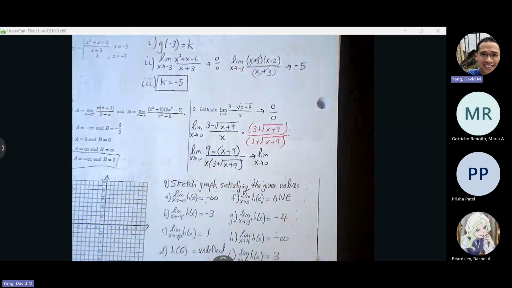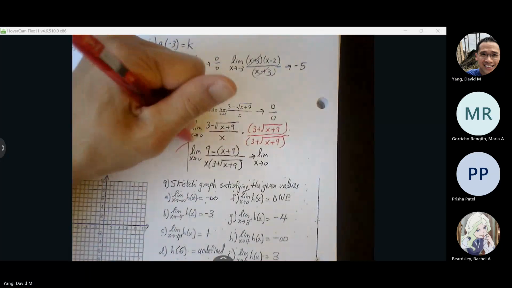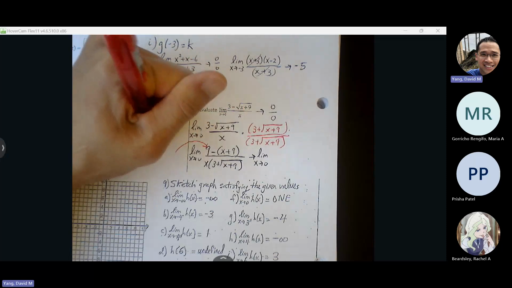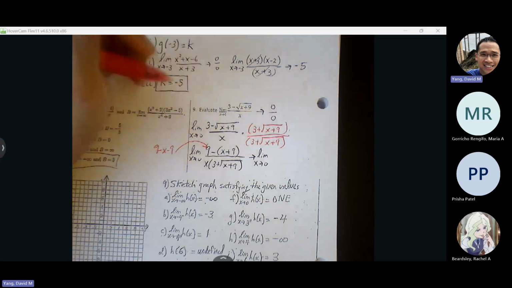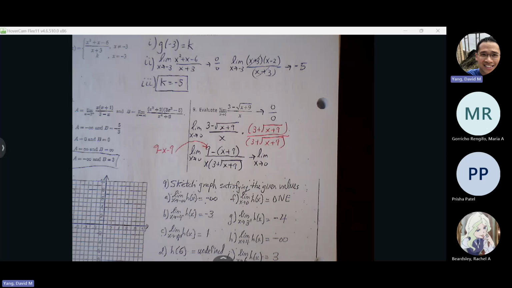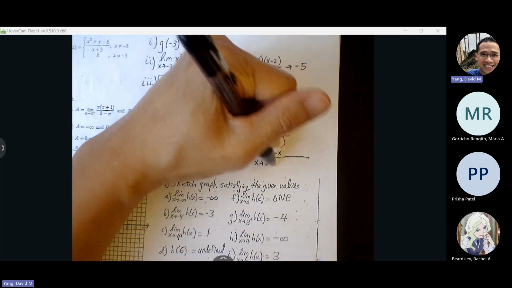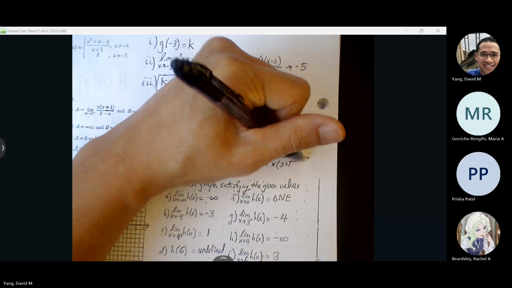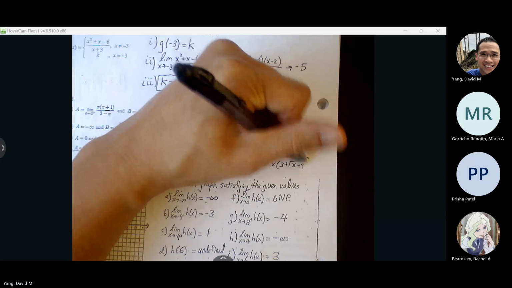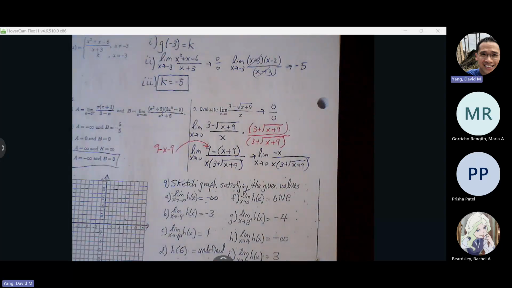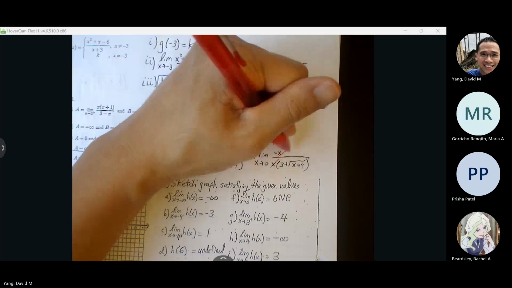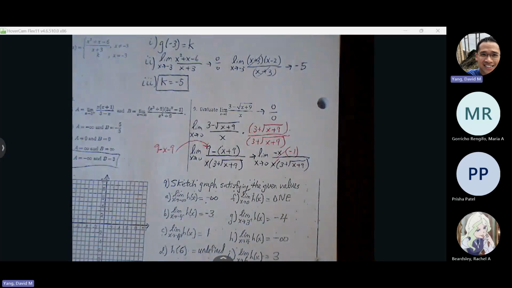This becomes 9 minus x minus 9. The 9's cancel out. I'm just left with negative x. So negative x over an x. The x's cancel out. There's a -1 left up top.